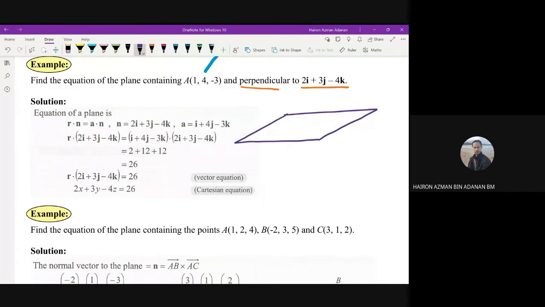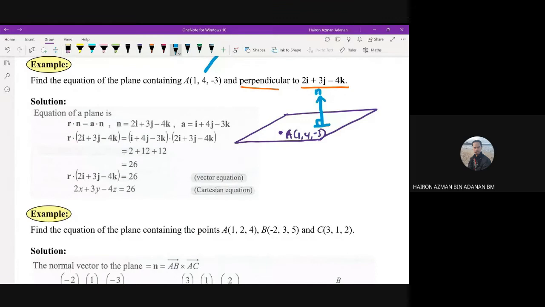We have one point on your plane. This is point A, (1, 4, -3). And one more thing, we have one vector that is perpendicular. So of course, this one is the normal. Automatically the vector is normal because the vector is perpendicular, or orthogonal, to the plane.